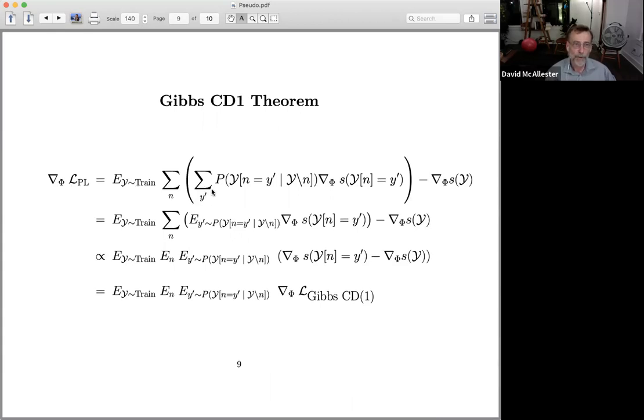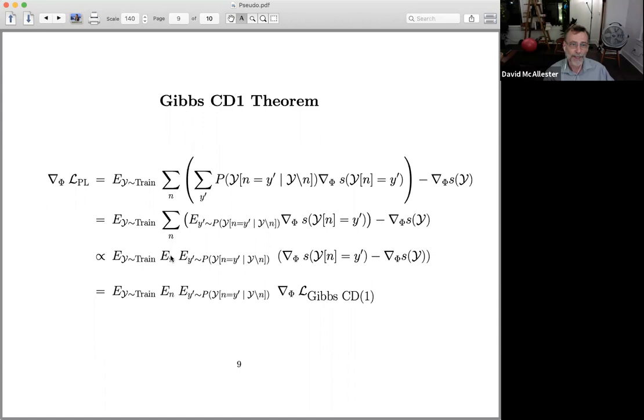So this sum over y, the probability times this, is just the expectation over y drawn from this conditional probability of its value given the rest of this gradient. Now this sum over n is going to give me something that's proportional to the expectation over n. I'm drawing n at random, so if I multiply this by 1 over n, I get the expectation over n.